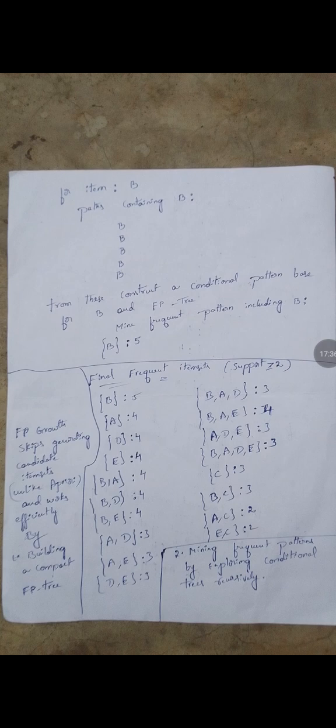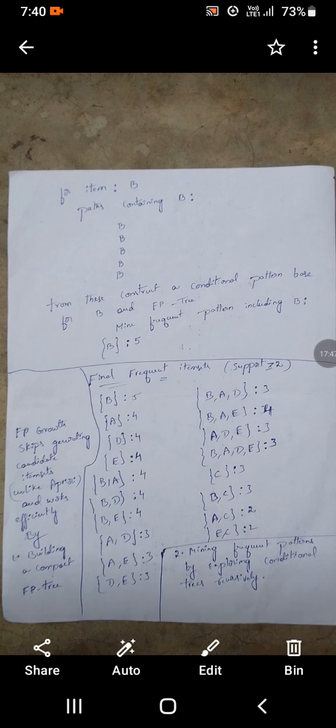These are the item sets achieved on frequency. In the FP growth algorithm, it skips generating candidate item sets, unlike Apriori, and works efficiently by building a compact FP tree and mining the frequent patterns by exploring conditional trees recursively.